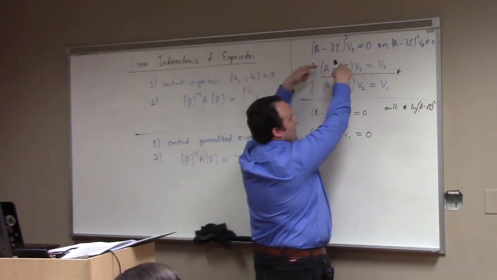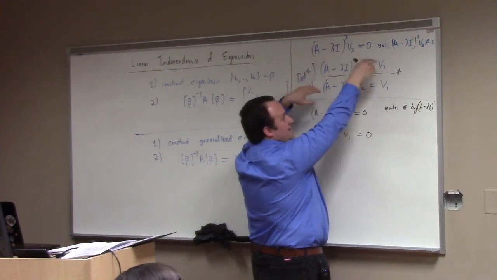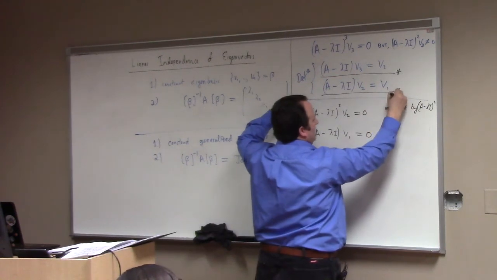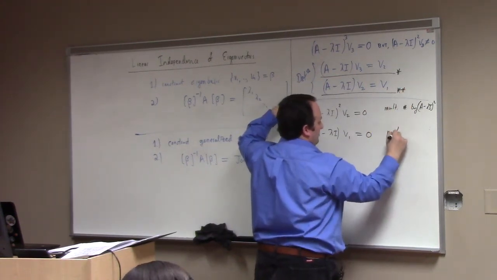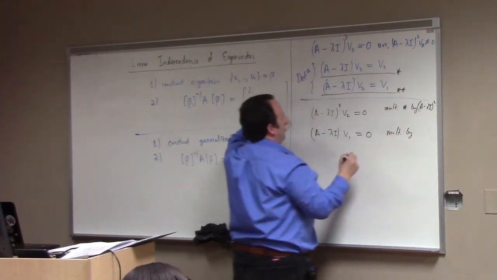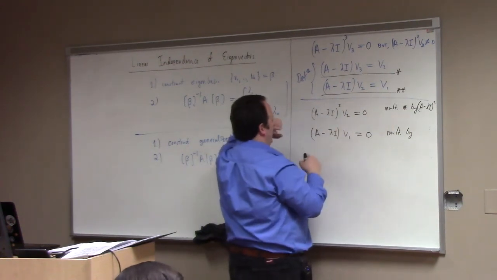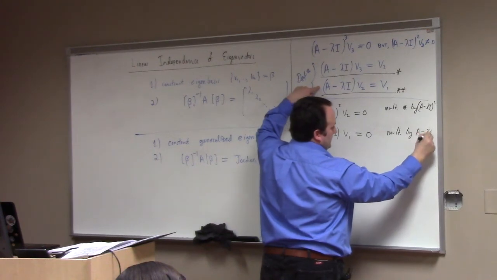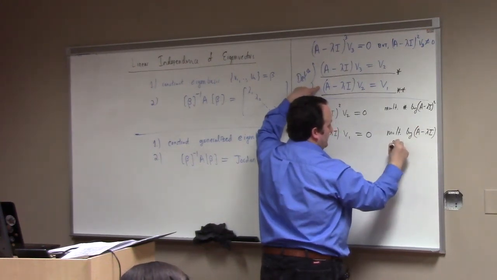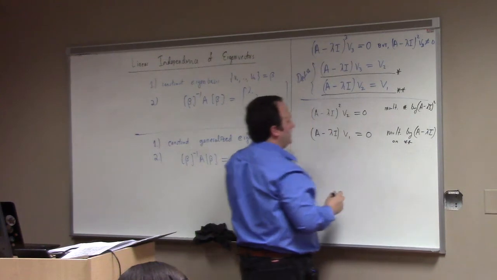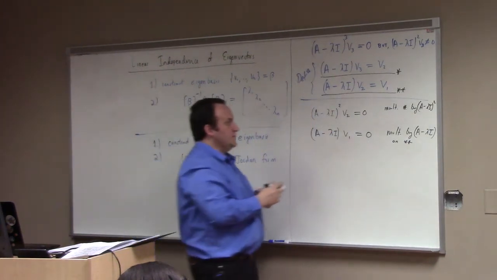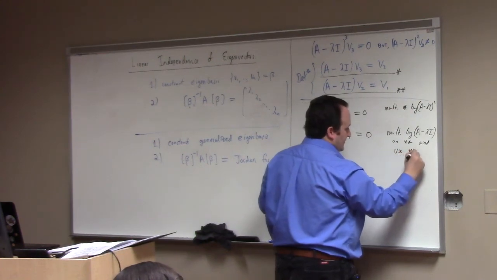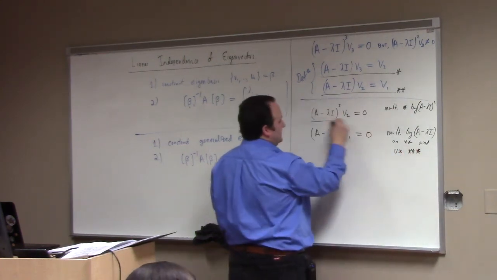Then you get A minus lambda I cubed on the left-hand side, and you get A minus lambda I squared V2 is 0. And if we call this star star, multiply by just A minus lambda I on star, and use star star star.